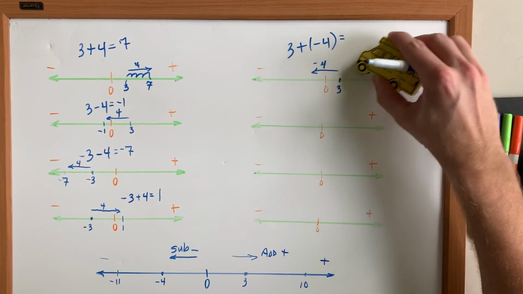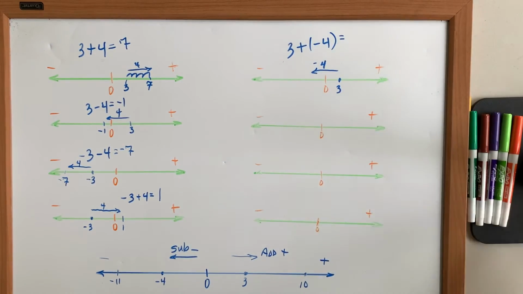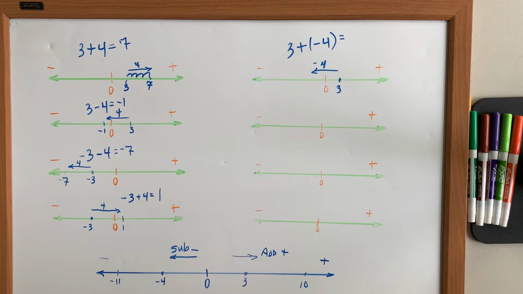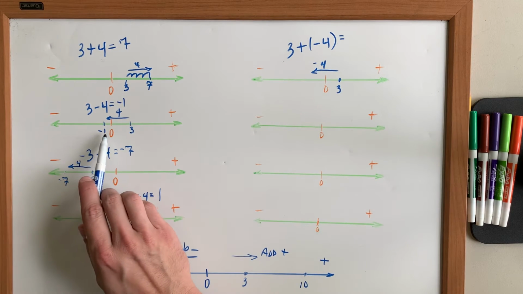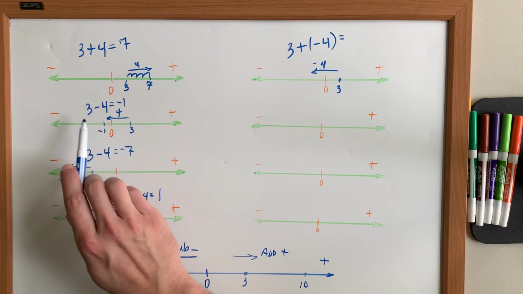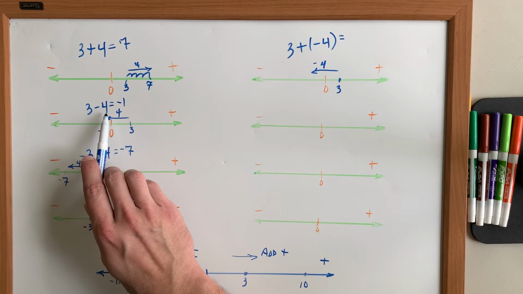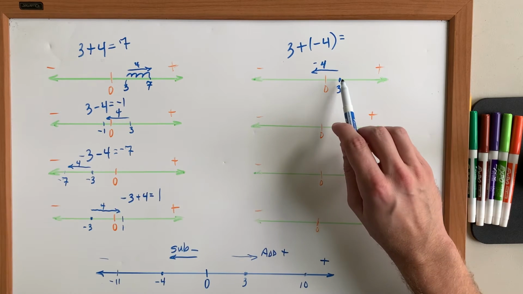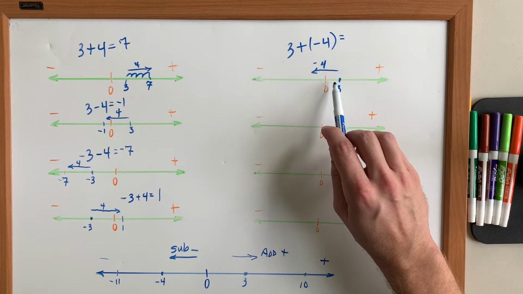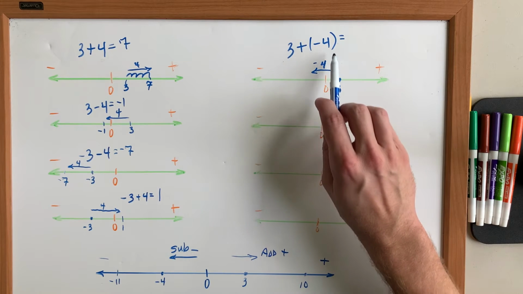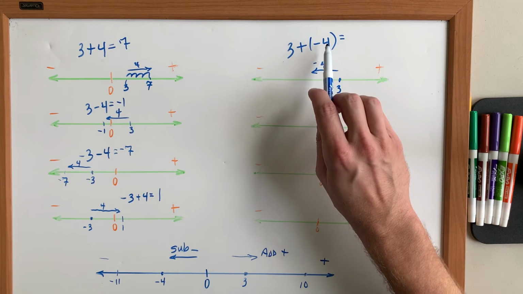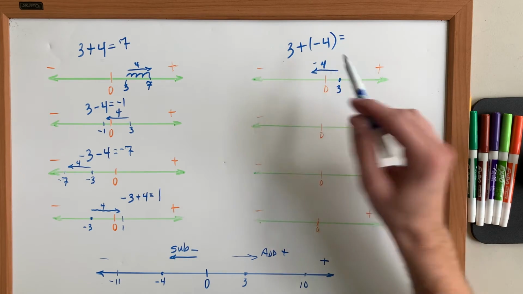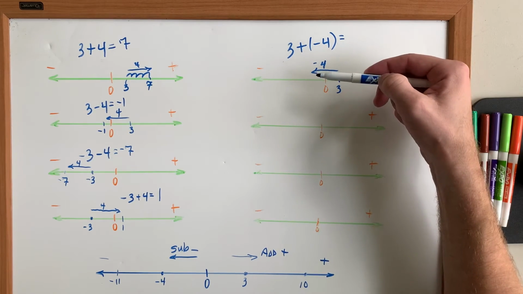And what we can see there is this looks a lot like the problem that we had over here. Here we wrote 3 minus 4 equals negative 1. Okay? But here we started at 3. We're supposed to move to the right, but not 4 units, the opposite. 4 units would have been to the right, but this opposite says change directions, go the other way.